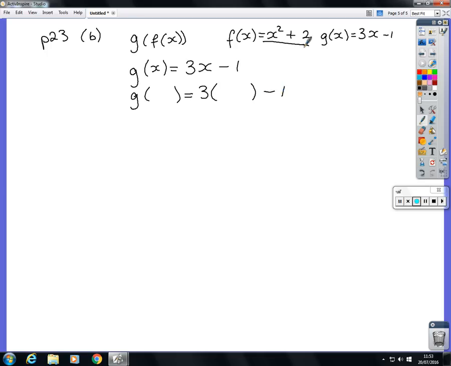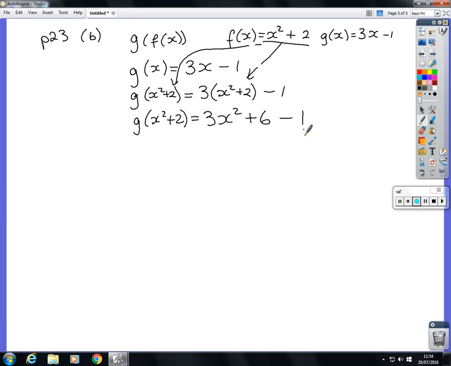Insert the function f into these two brackets. F is x squared plus 2, x squared plus 2. So g of x squared plus 2 is 3x squared plus 6 subtract 1 by multiplying out the bracket. 3x squared plus 5 is g of f of x.